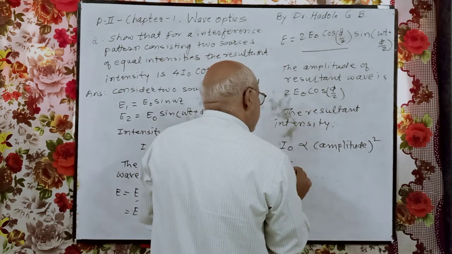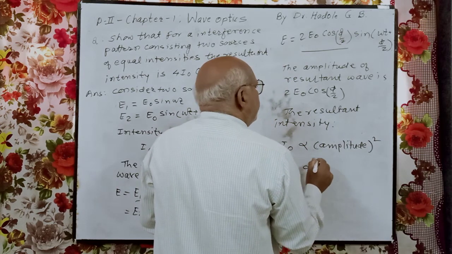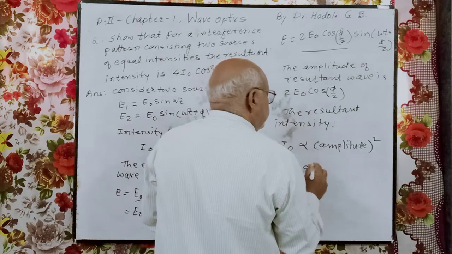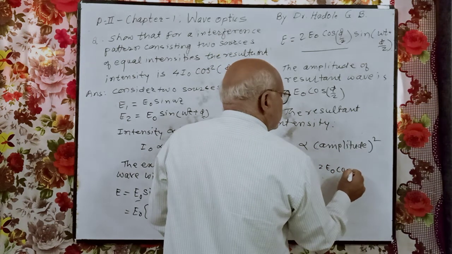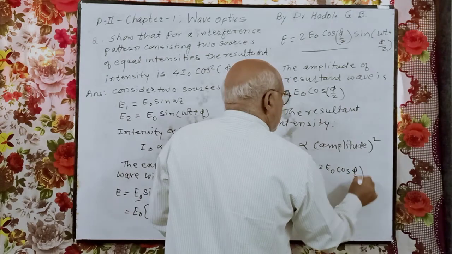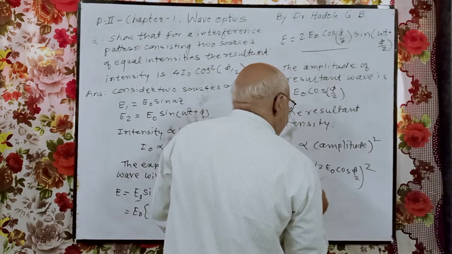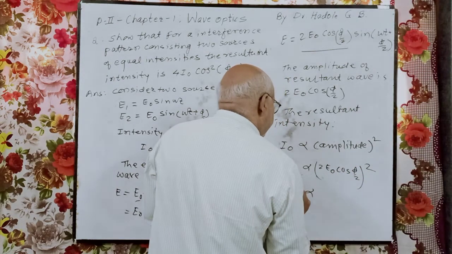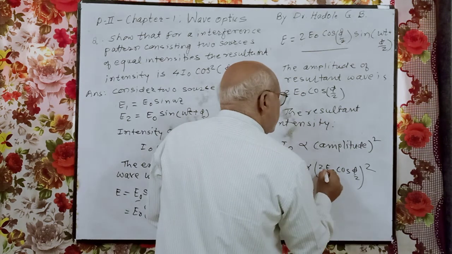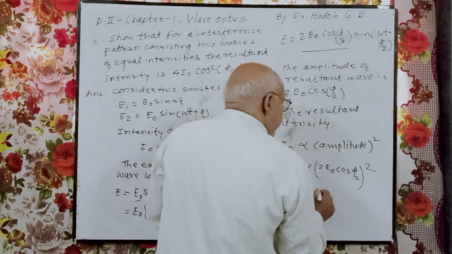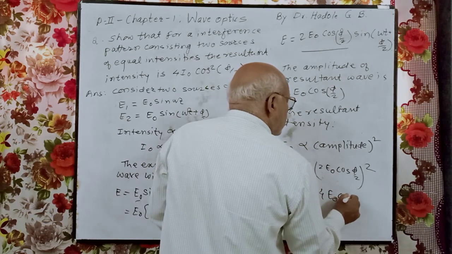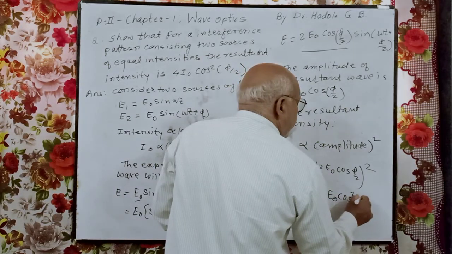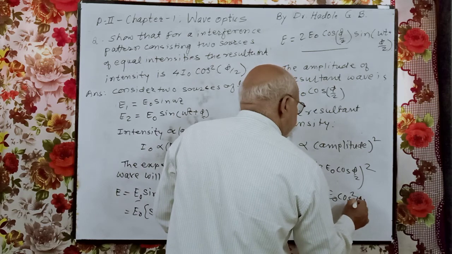And therefore this intensity is directly proportional to twice E0 cos of phi by 2 whole square, that is nothing but 4 E0 square cos square phi by 2.